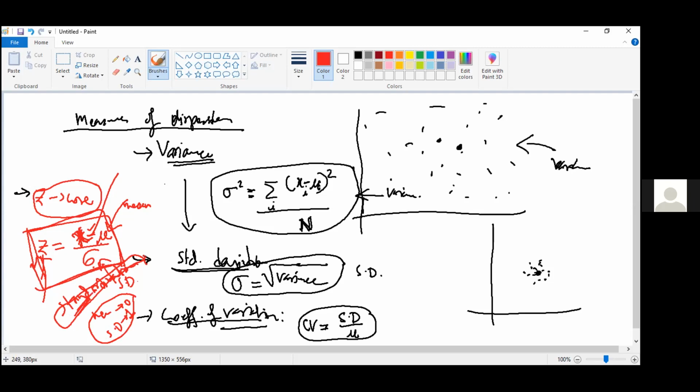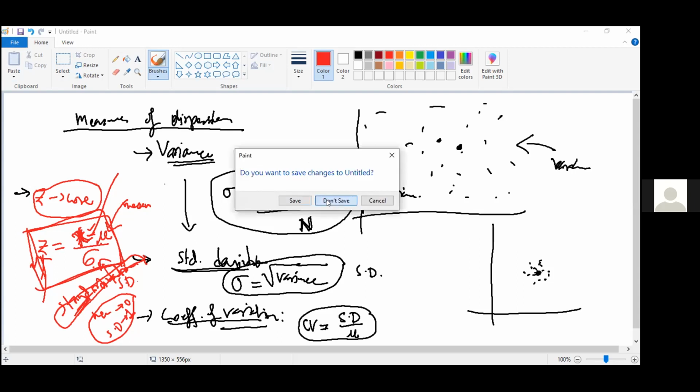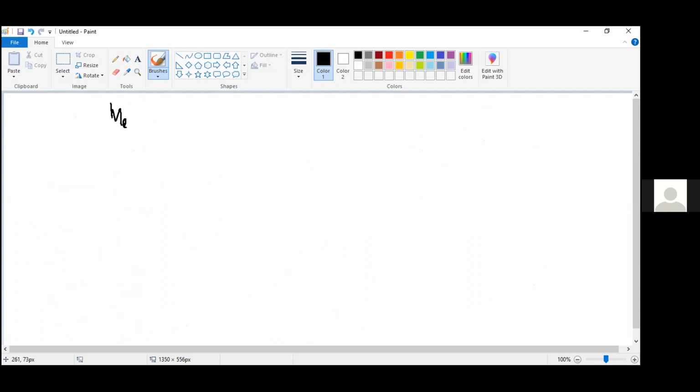So this is z-score. Next, we come to measures of location. We covered measures of central tendency and measures of dispersion. The third one is measures of location.